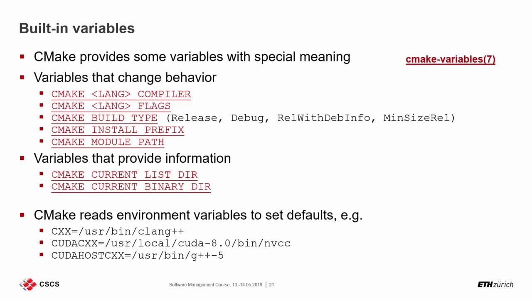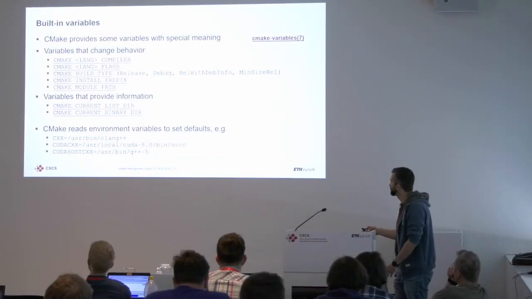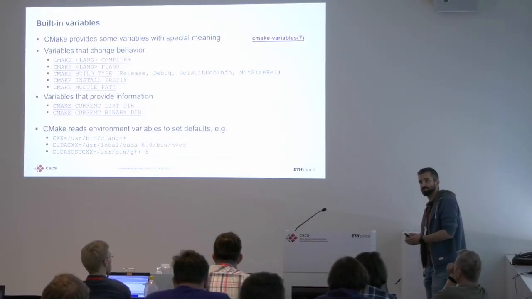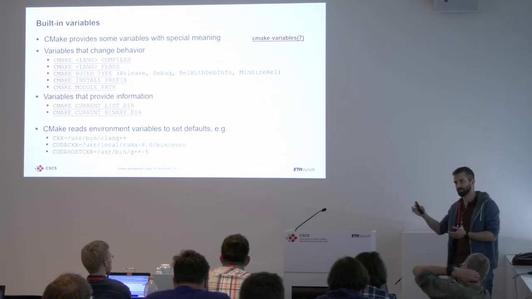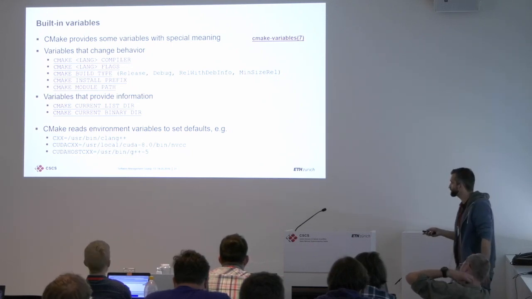You will have to use it later in the hands-on. And then some other useful variables are variables that provide information about something. So with CMake current list dir, you get the directory where your current CMake file is in. Sometimes useful. And the CMake current binary dir will give you the directory where you're currently building.